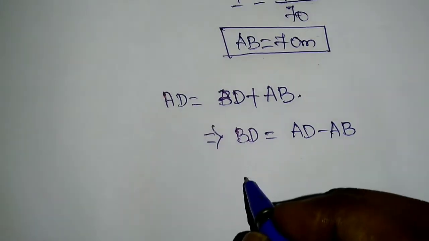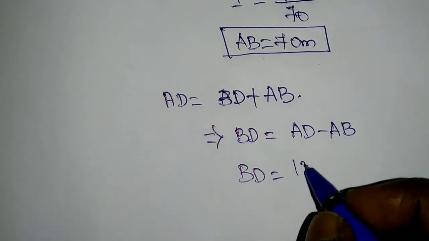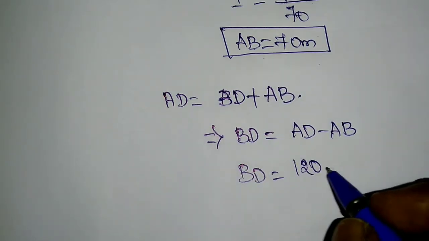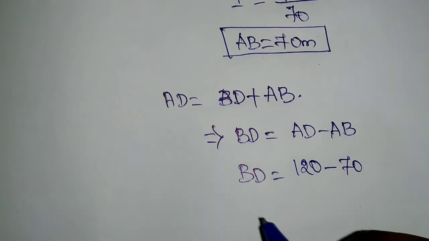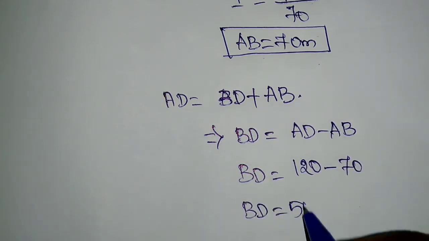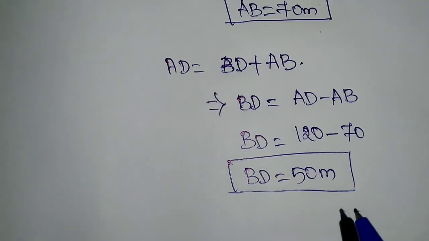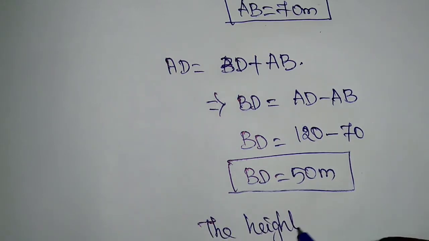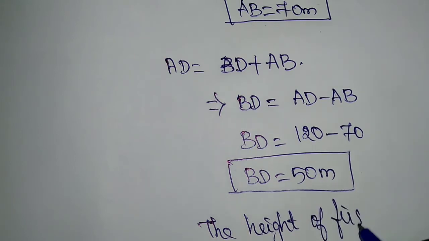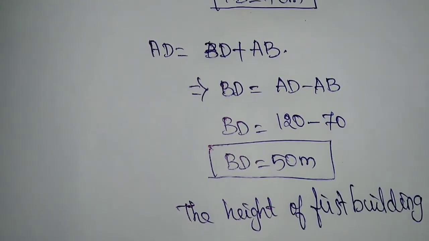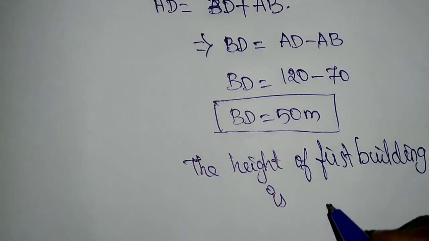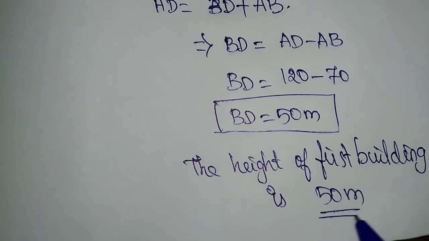Now we get BD is equal to, AD is 120 meter, AB is 70, so BD is equal to 50 meter. Here BD is equal to CE. So the height of the first building is 50 meter.